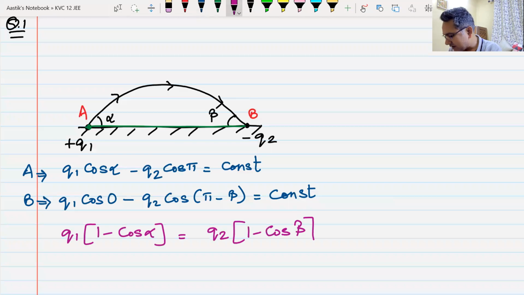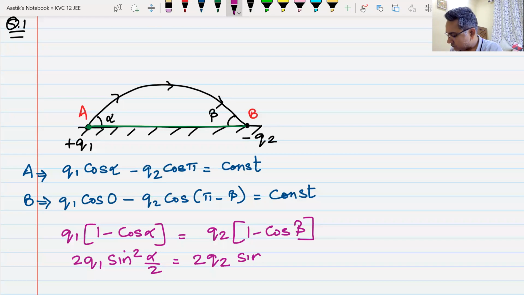This is the relation that you will end up with, and this is the relation that you must remember. Or you can remember it like this: 2 times Q1 sine square alpha by 2 will be equal to 2 times Q2 sine square beta by 2. So just remember this relation.